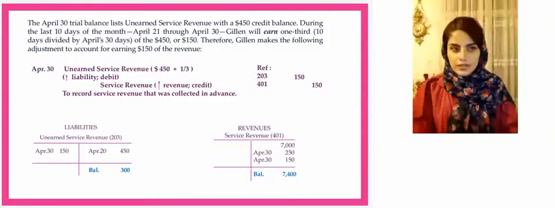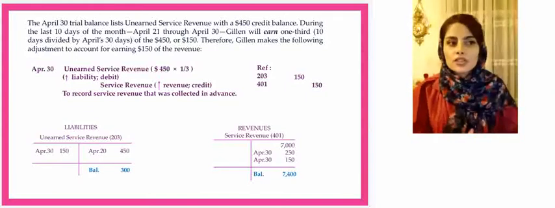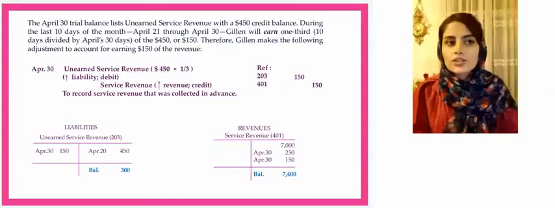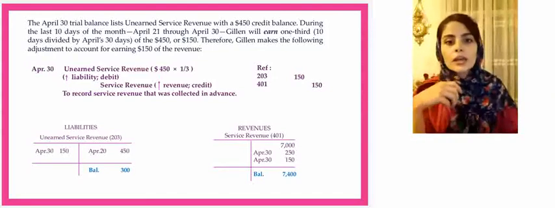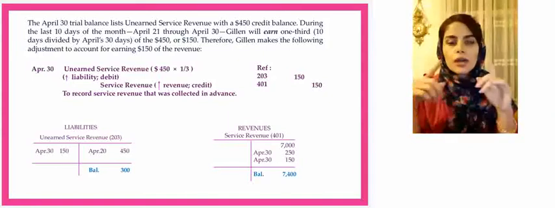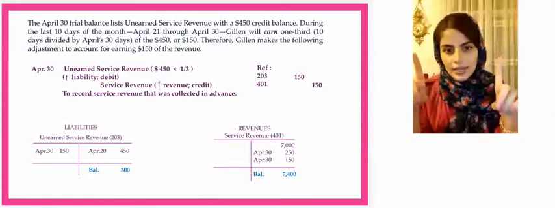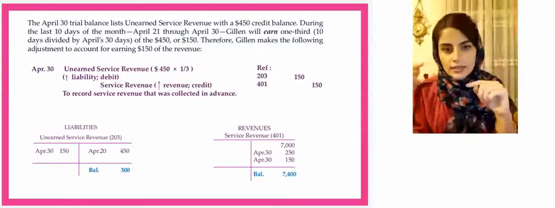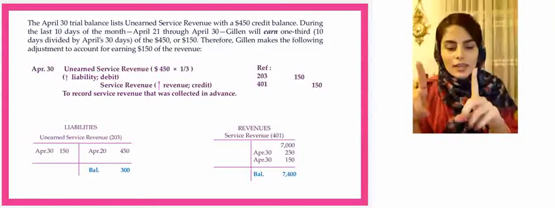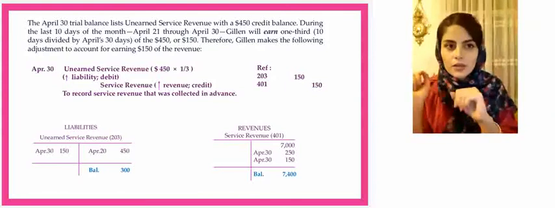Here is another example. The April 30 trial balance lists unearned service revenue at $450. As I said in the last part, the month has 30 days, so we want to divide it into three 10-day periods: the first, the next one, and the last one.